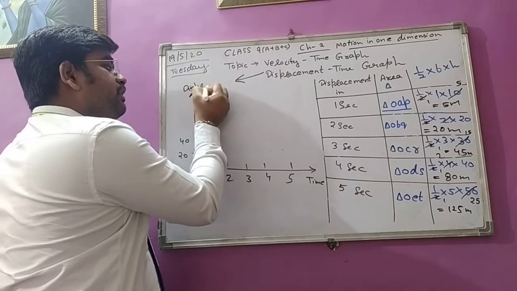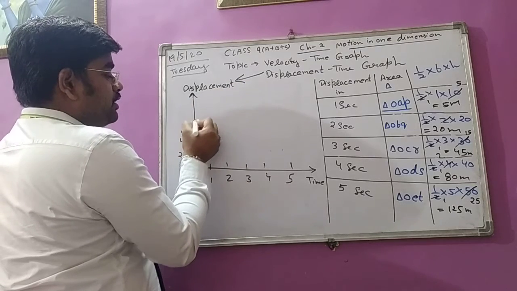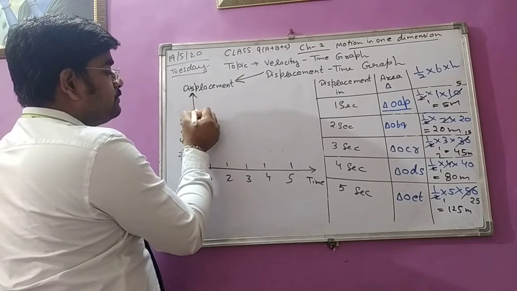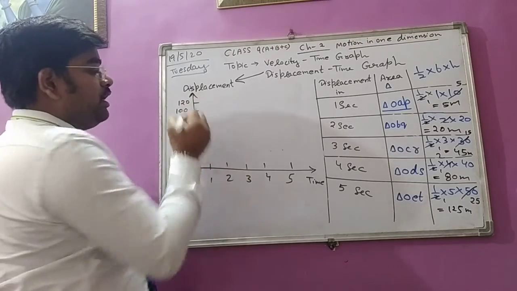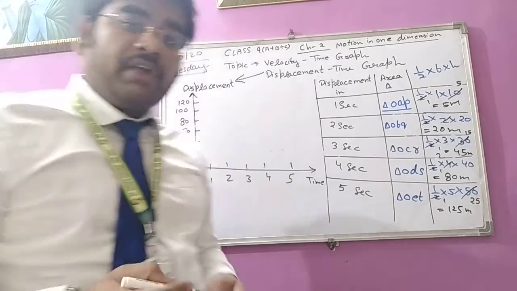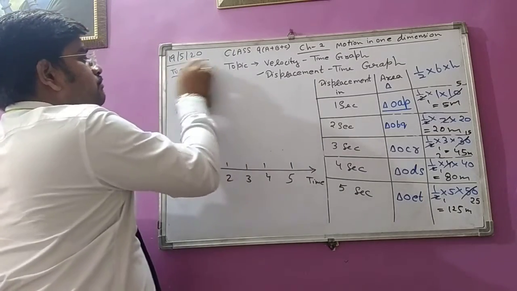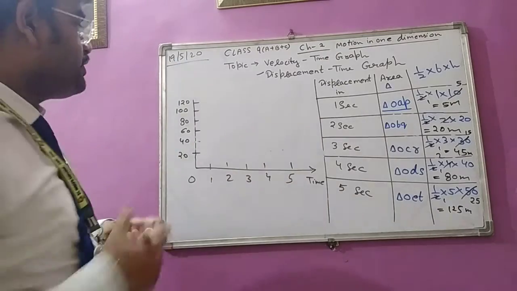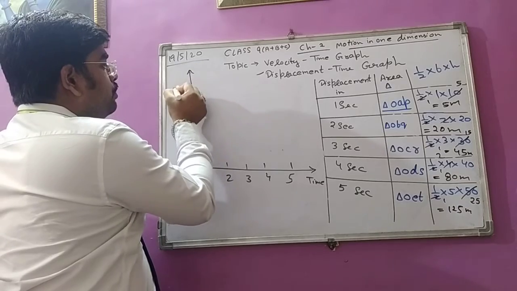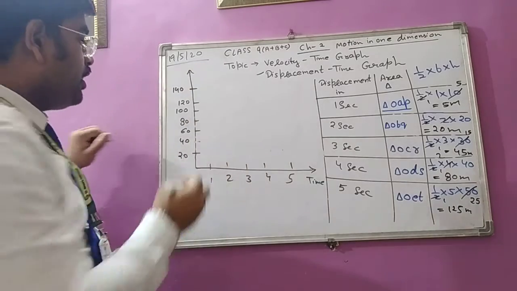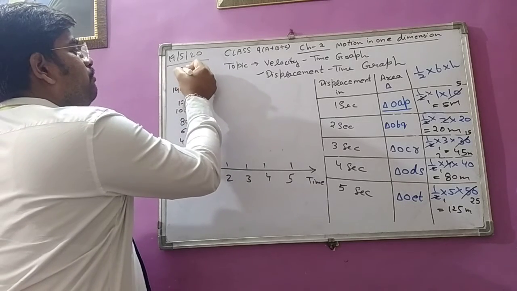This is the displacement: 20, 40, 60, 80 and 100, 120. But you have to get 125 also, so we have to increase this line. This will come up to 140. So here you can see that the displacement axis is going up to 140.